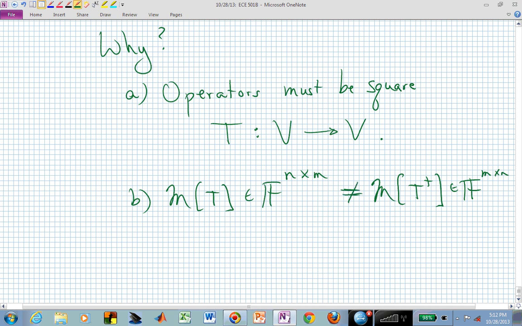Because those are different shapes when m is not equal to n. So we know that these self-adjoint operators are square. When we talk about operators, we know they have to be square anyway.